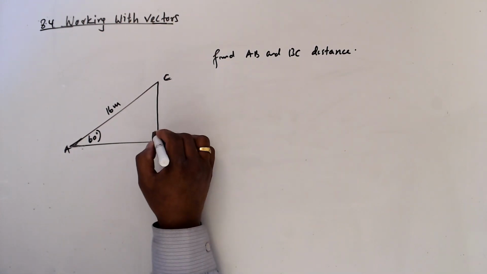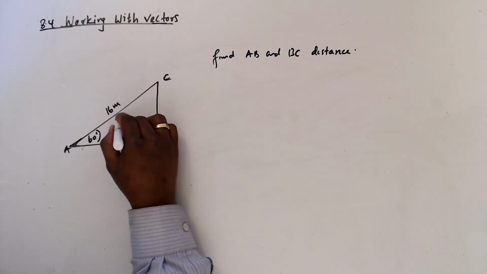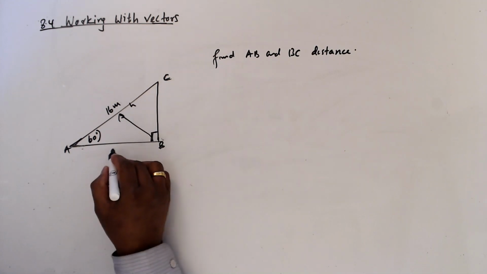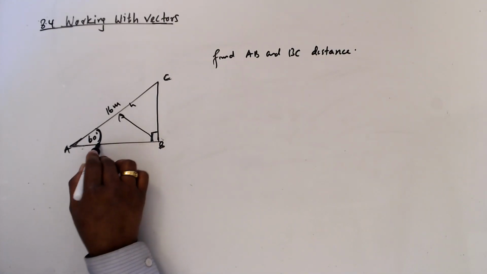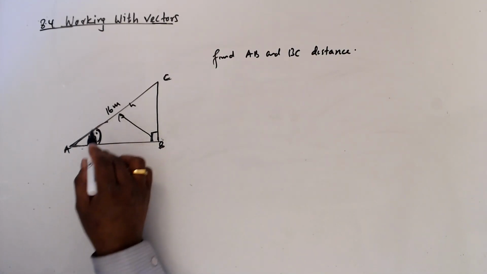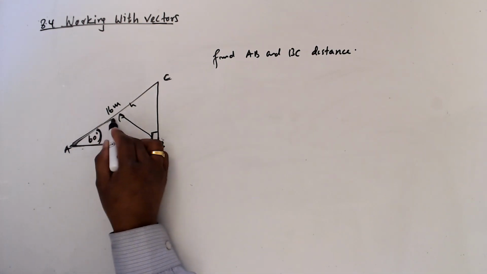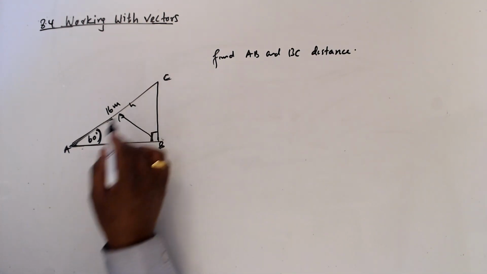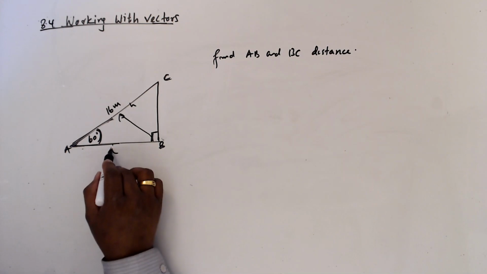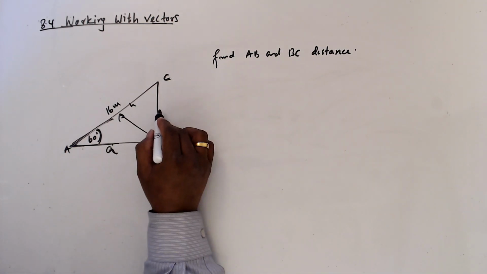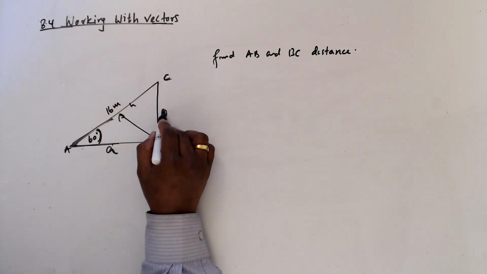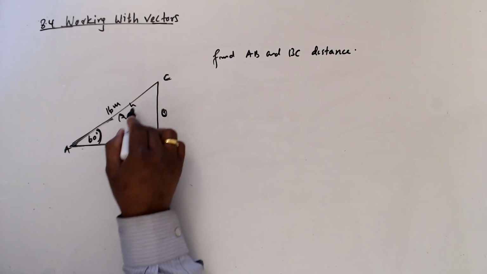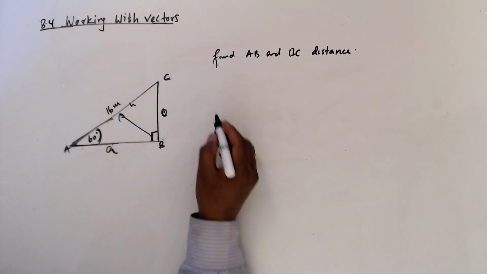Now you can see this is the hypotenuse, and when you stand up here, there are two adjacents. One is this one and the other one is this one. This one we'll call hypotenuse, then the other one is adjacent, and this is the opposite. So adjacent and hypotenuse, the ratio is cos.